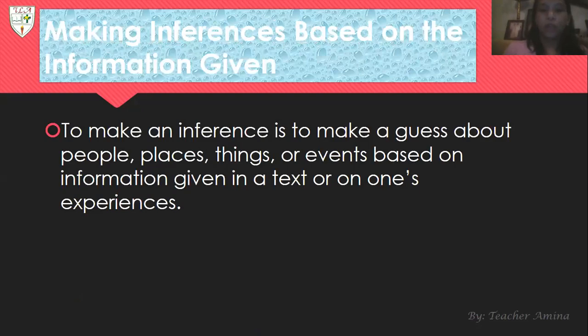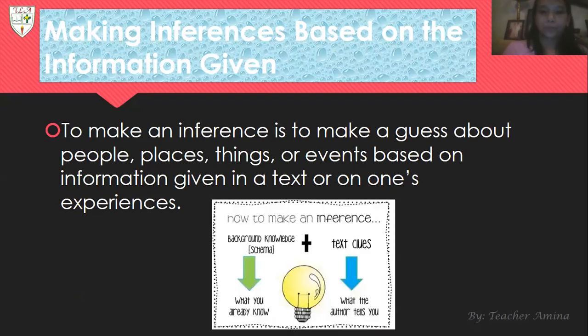To make an inference is to make a guess about people, places, things, or events based on the information given in a text or on your own experience. This is how to make an inference. You first have the background knowledge, or what you already know, or what you've experienced before.